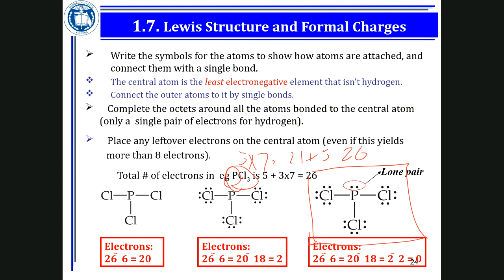So the lone pair on the side atom is not counted toward polarity of the molecule, but the lone pair on the central atom is counted for the polarity.